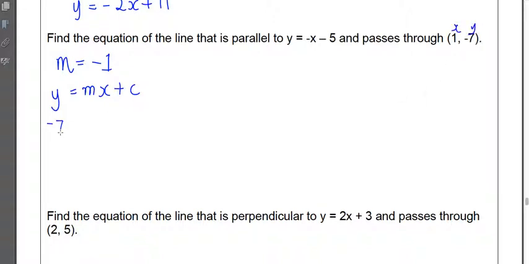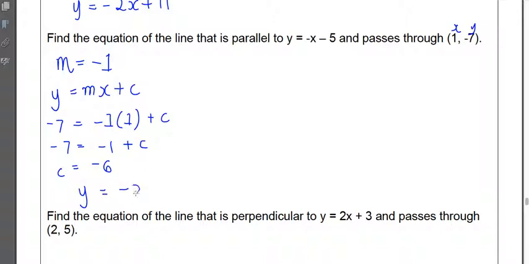So negative 7 equals negative 1 times 1 plus c. So negative 7 is equal to negative 1 plus c. Therefore, c is equal to negative 6. Write your rule out. y equals negative x minus 6.